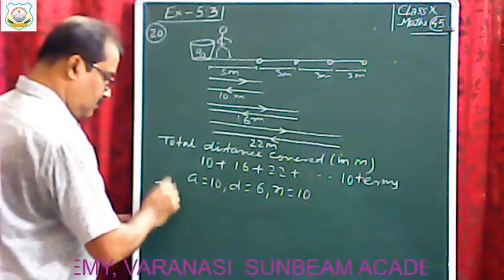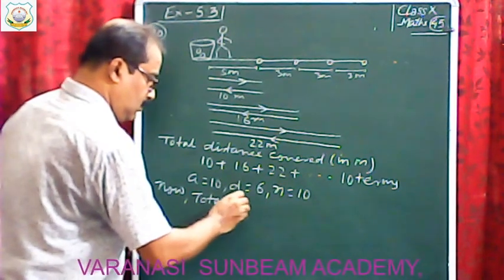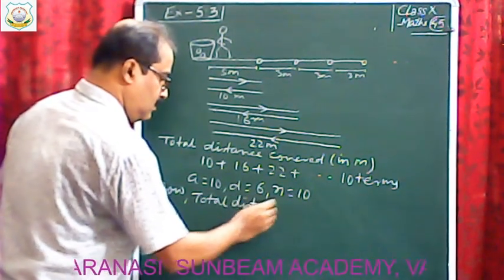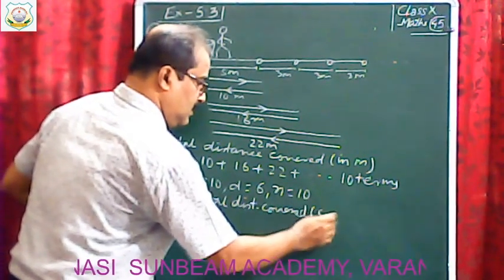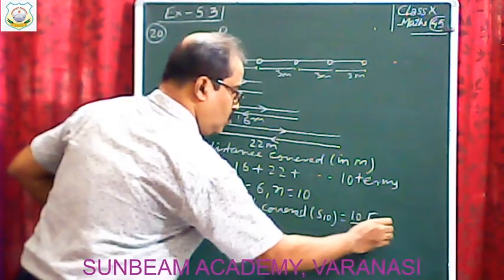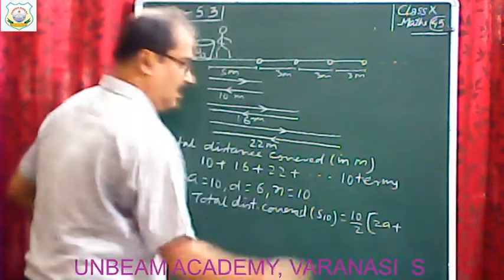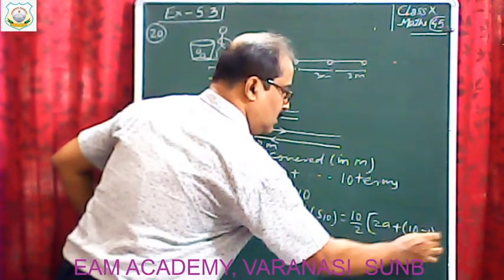So now the total distance covered, that is S10, equals 10 by 2 within brackets 2a plus n minus 1 into d, where n is 10.